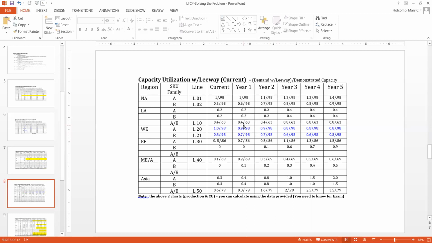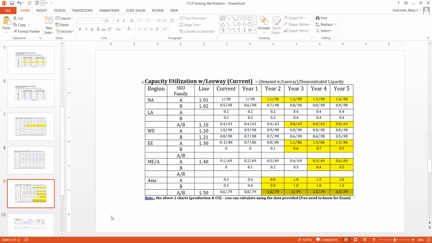Now, once we have the tables filled in, we're ready to do the heavy lifting. Let me suggest that the next step is simply, as I said yesterday, to either circle or highlight the years, for each region, where we have more demand with leeway than we have capacity. You'll notice here that in North America, that happens in year 2.